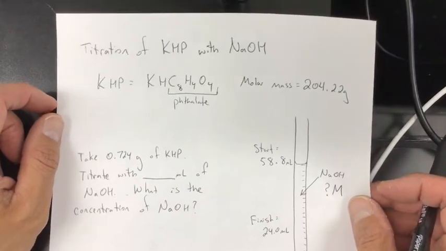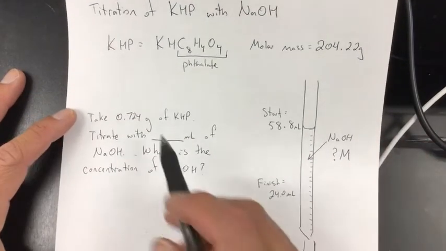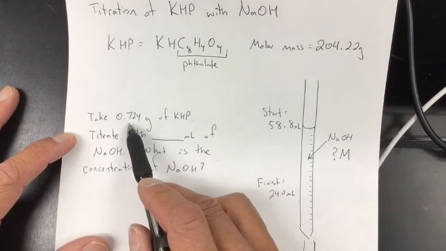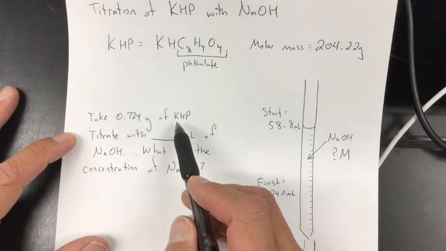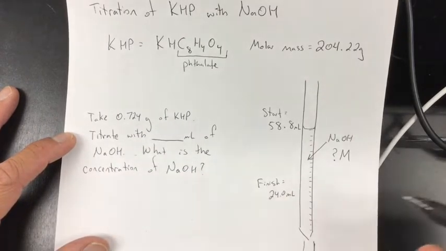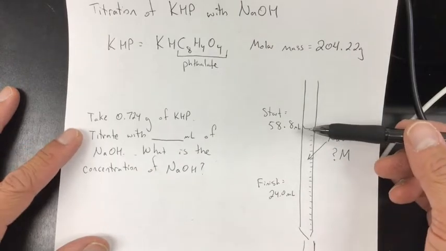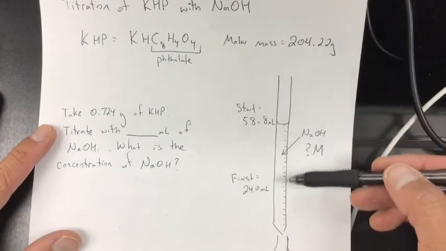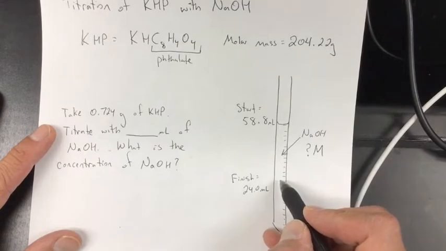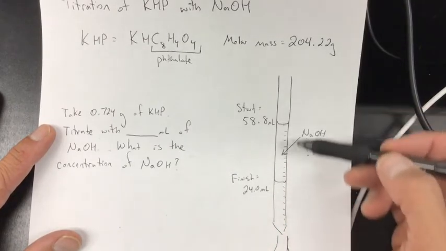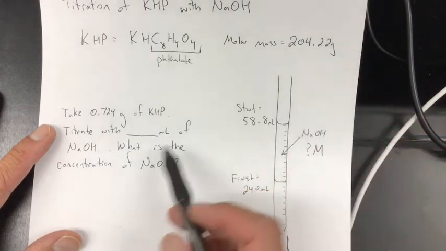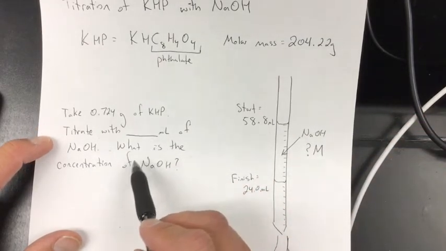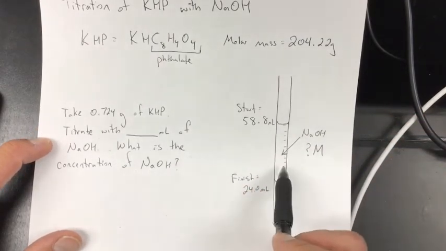So our question is, let's say I take 0.724 grams of KHP, and I titrate it with some amount of NaOH. So I take this NaOH, I go ahead and I do my titration. How do I get the concentration of this NaOH solution?